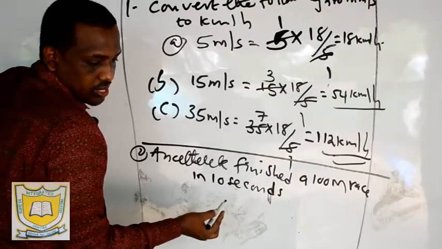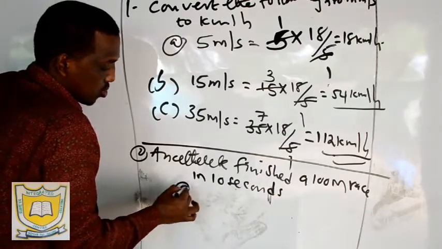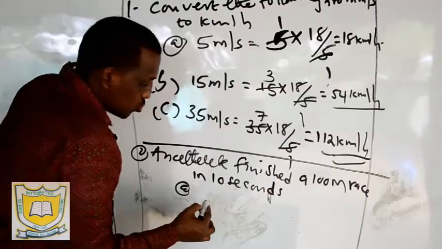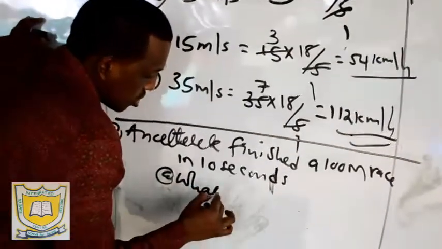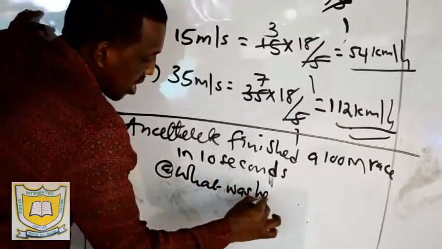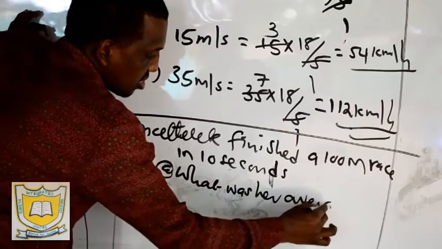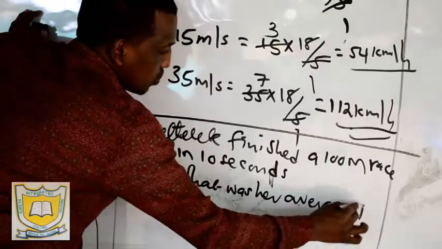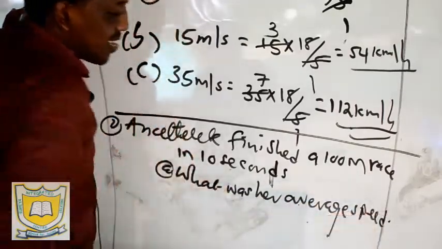Then the question is asking, question A, what was her average speed? Question B, what was her average speed in meters per second? Question B, what was her average speed in kilometer per hour?